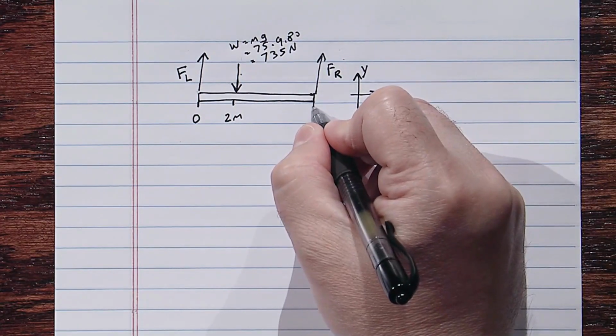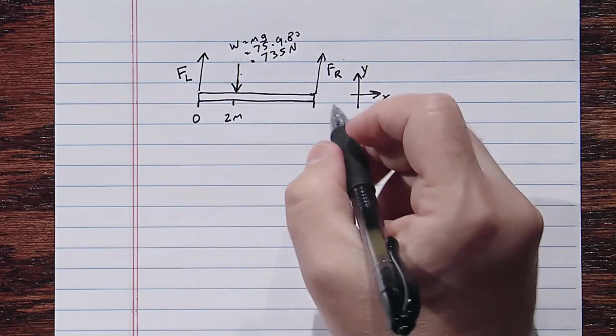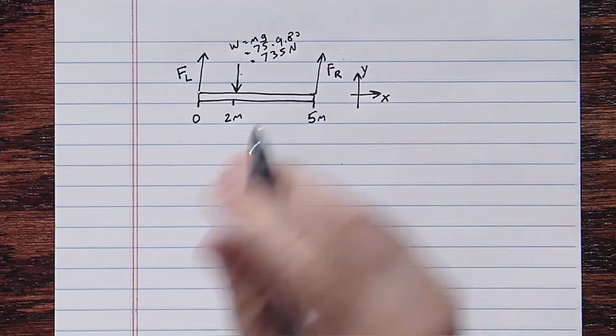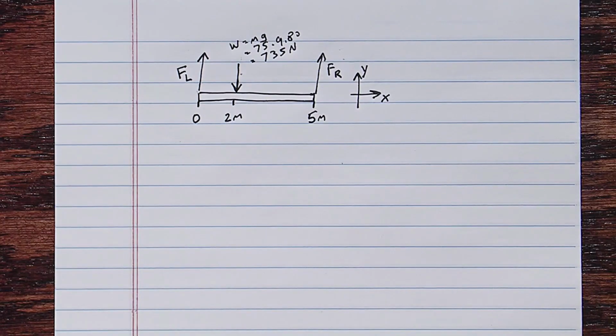The cable over here is 5 meters from the other end because the total length of the board is 5 meters. And we have to include the weight of the board. Well, since the board is uniform, we will apply the weight at the center of gravity of the board, which is also the center of the board.